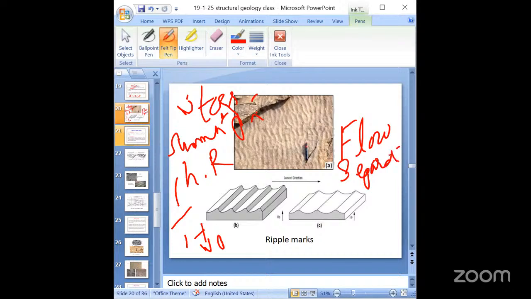This flow separation takes place at the crest and an eddy develops within the trough. The point where flow separation is initiated is called the brink point, B-R-I-N-K. The point of flow reattachment is the toe point of these ripples.